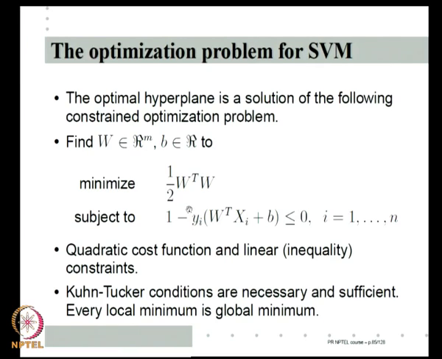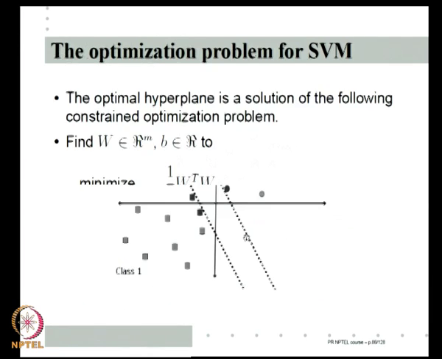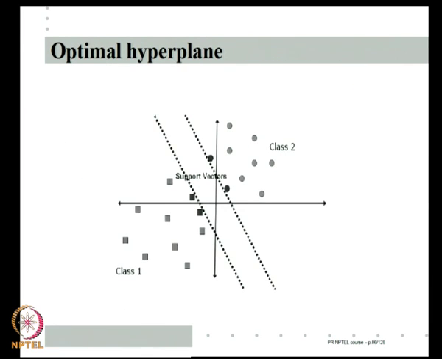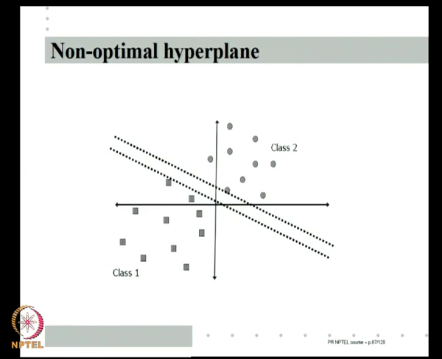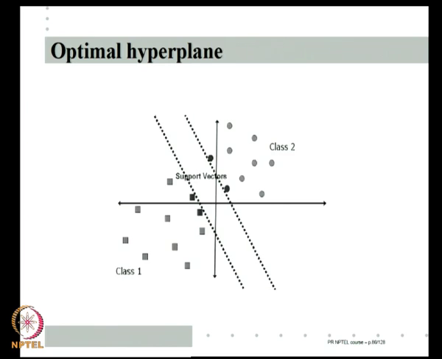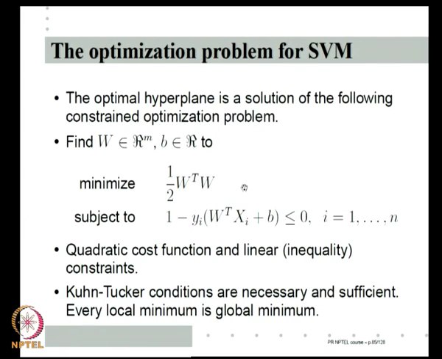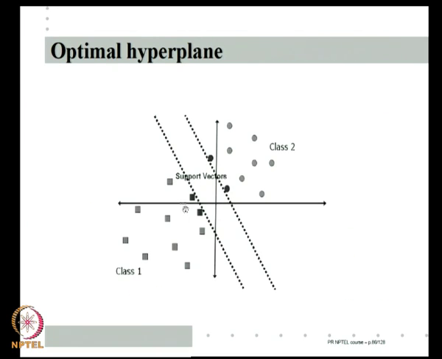So, essentially, to appreciate what this means, what we are asking for is minimization of W transpose W, which is the same as maximization of the margin. If you have a general thing, the margin is essentially: you put your hyperplane somewhere in the center, and on either side of the hyperplane you try to make a margin till you hit one of the patterns.